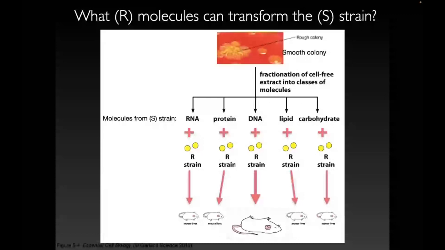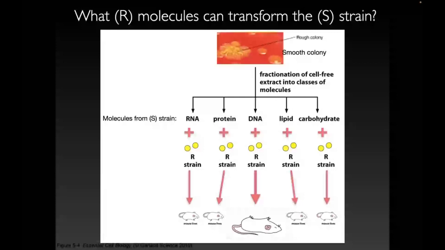And so they went a step further and did an experiment where they took the DNA from the S strain and they did another set of side-by-side experiments. The DNA from the S strain mixed with the R strain as they had done previously.